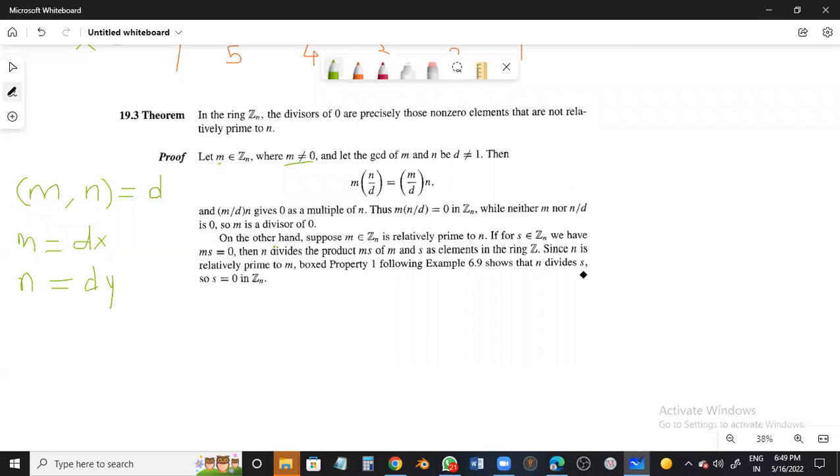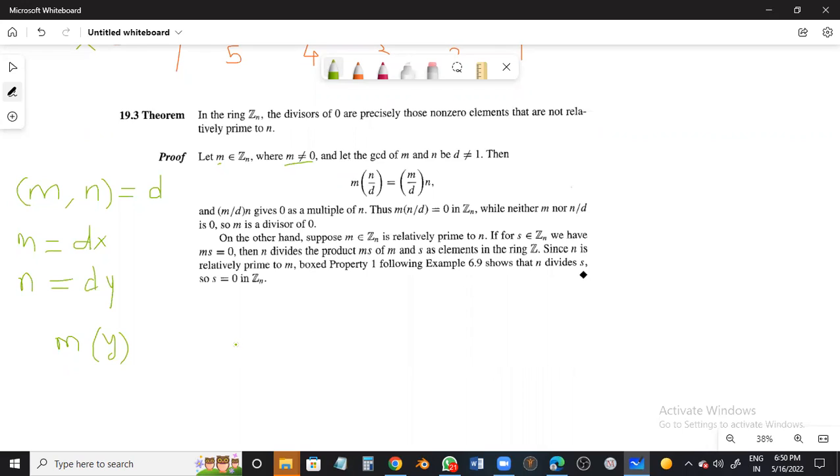All right. So what is going to happen? So m times n upon d. m times n upon d. So in this case, you can see m into n upon d is y.